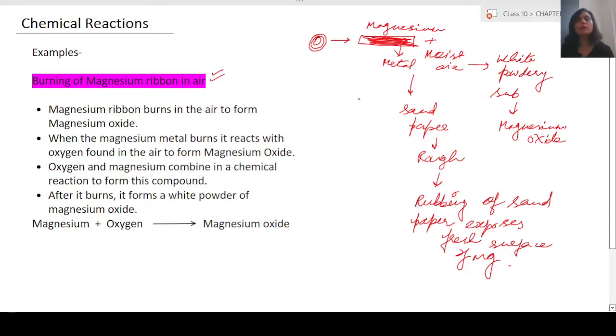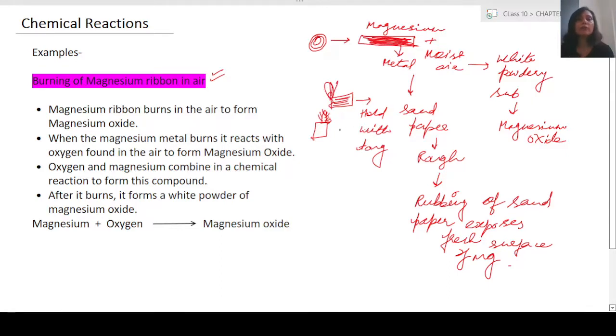Then you take the piece of magnesium ribbon and hold it with tongs, otherwise your fingers will burn. You put it over the flame of the burner, and it catches fire and burns with a very white dazzling light.